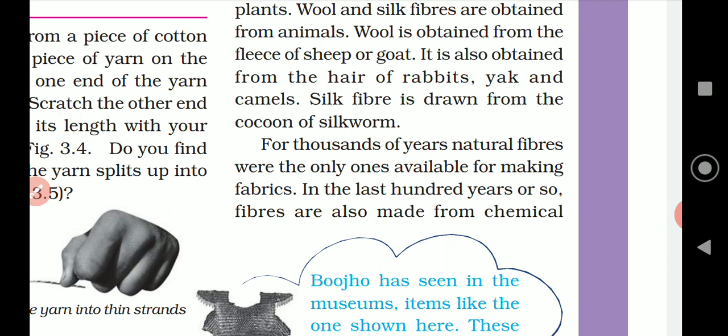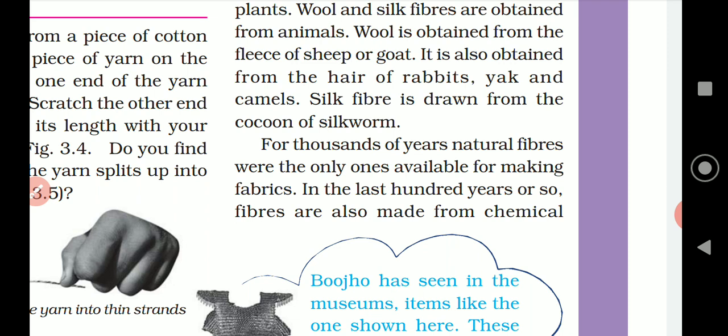So people used to make fibers out of plants or animals only, because no chemicals were invented. We all know the first silk was invented in China, and those Chinese people kept it secret for hundreds of years, and then finally we could know after so many years, children. These Chinese people are very smart and brilliant, but they are very secretive.